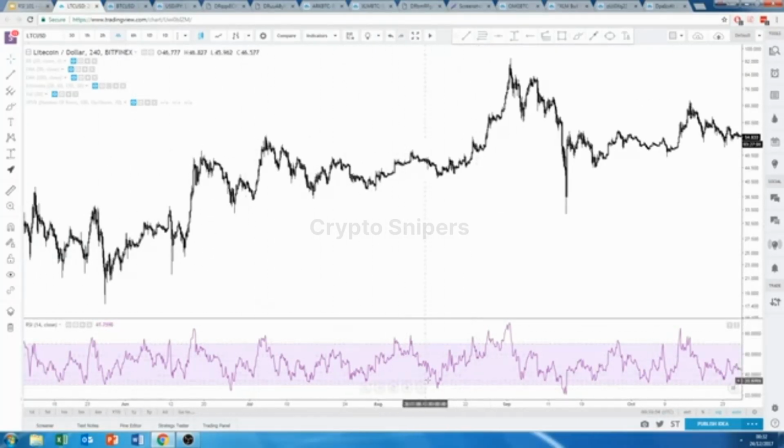You would go long on the crosses from below 30 to above 30, and then you'd wait for it to reach overbought levels, and then you'd either just close your long and wait for the next time you get something like this, or you open a short position when the market goes from overbought down below 70.